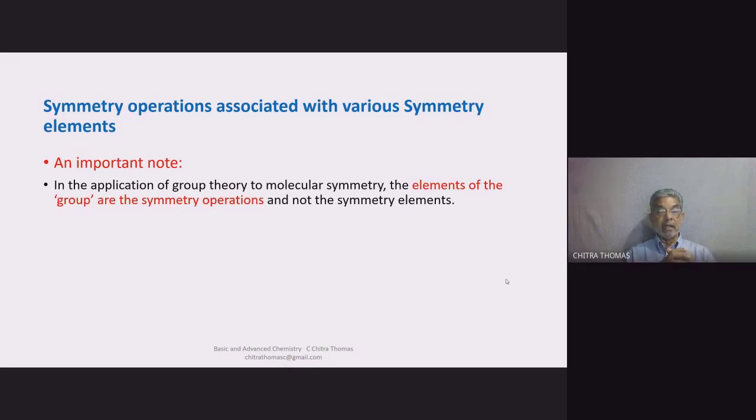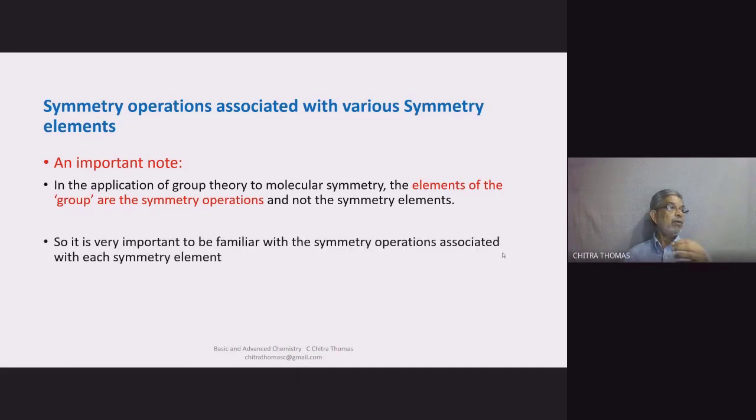That's why I spend so much time to explain the symmetry operations associated with the Cn axis. Without knowing that, we cannot proceed further. So, it is very important to be familiar with the symmetry operations associated with each symmetry element.